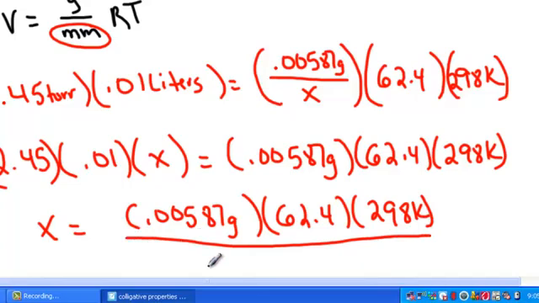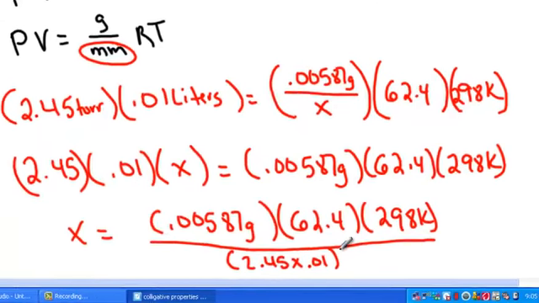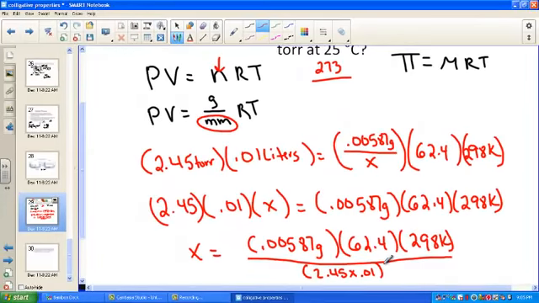So X equals 0.00587 grams times 62.4 times 298 Kelvin over 2.45 times 0.01. Let's see if we can hit the molar mass of this very large protein molecule.